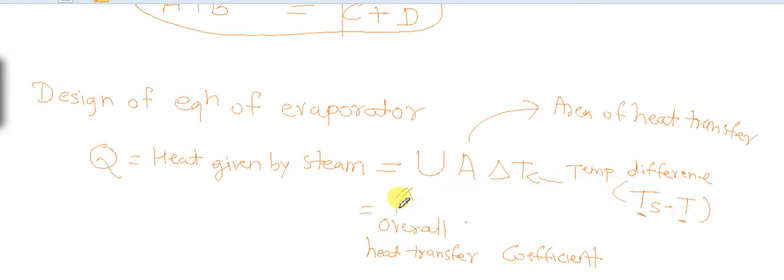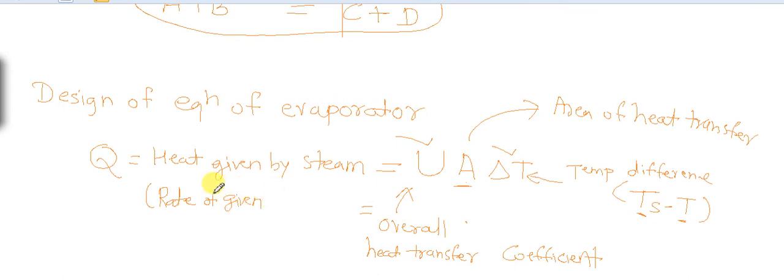Okay, so this particular equation is used to calculate the area of the heat exchanger, because the U value, overall heat transfer coefficient, will be given to you. You know the delta T difference, then you can calculate area once you know how much heat is given by the steam, or this is also called rate of heat given.